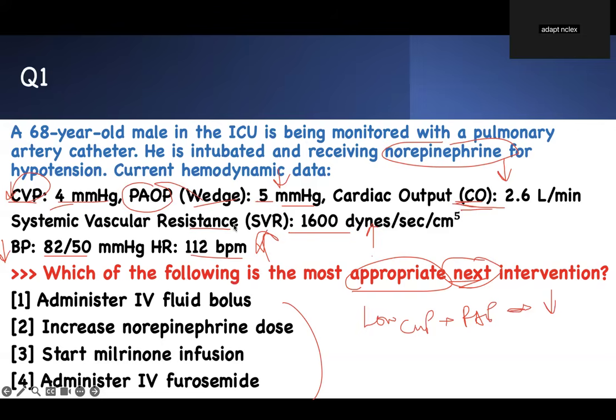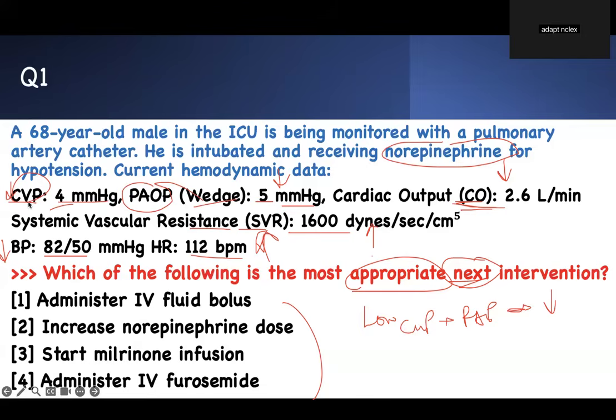His SVR is high. This indicates vasoconstriction. When you know your ejection fraction or cardiac output is low, your systemic vascular resistance will increase to increase what? Your blood pressure. So we have vasoconstriction to compensate for the low what? Cardiac output so that I can improve your blood pressure, right?